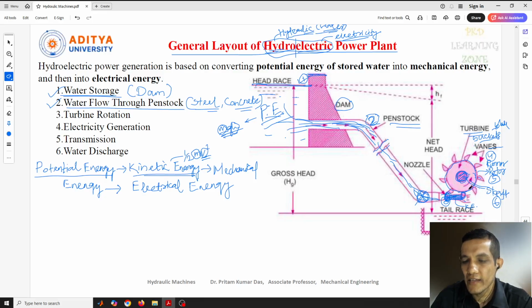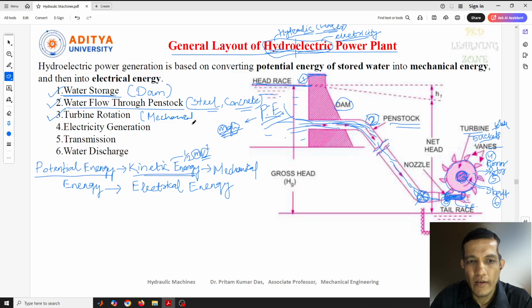So the kinetic energy strikes the jet and the turbine starts rotating. Now here, the third one is turbine rotation. Due to this strike, the turbine started rotating, and this rotation is converted into mechanical energy.